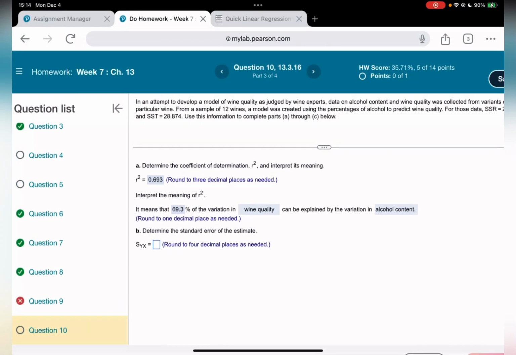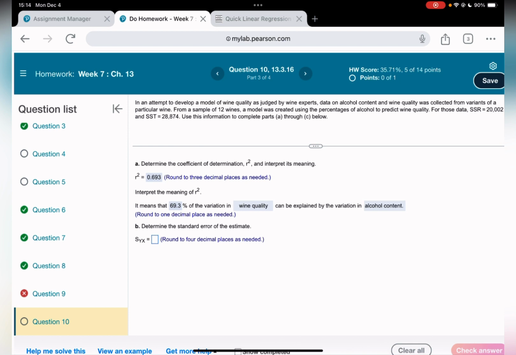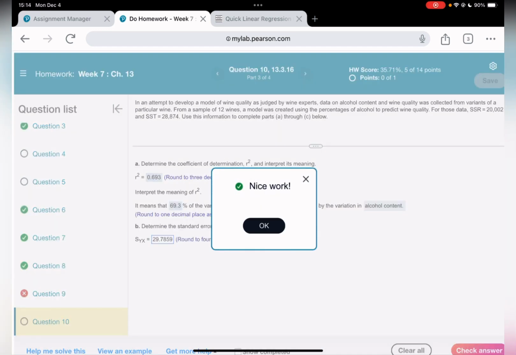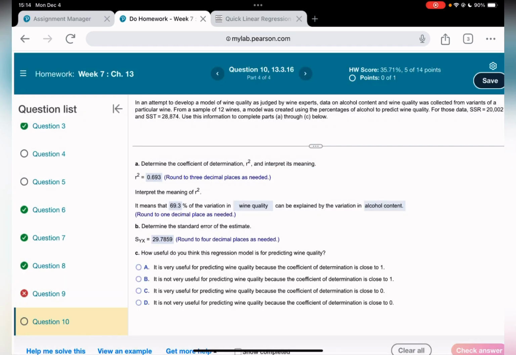Round to 4 decimals. Okay, well then we put all 4 decimals: 29.7859. Okay, nice work.